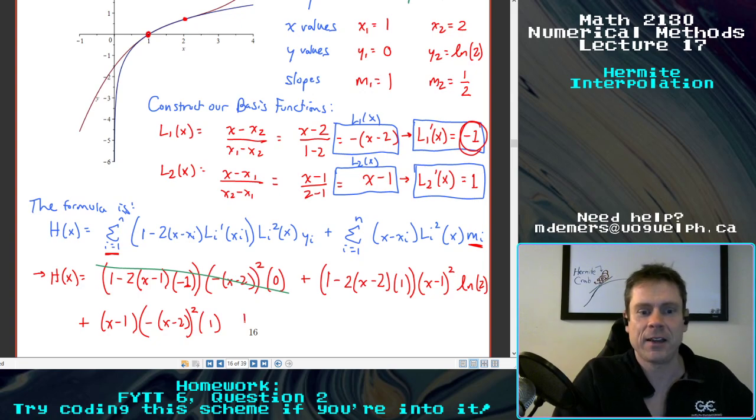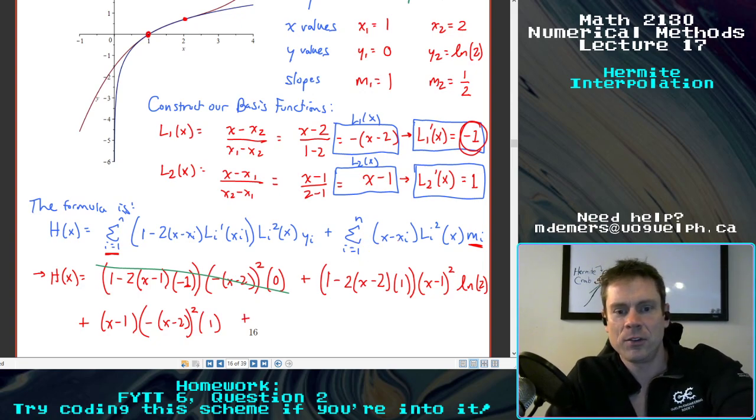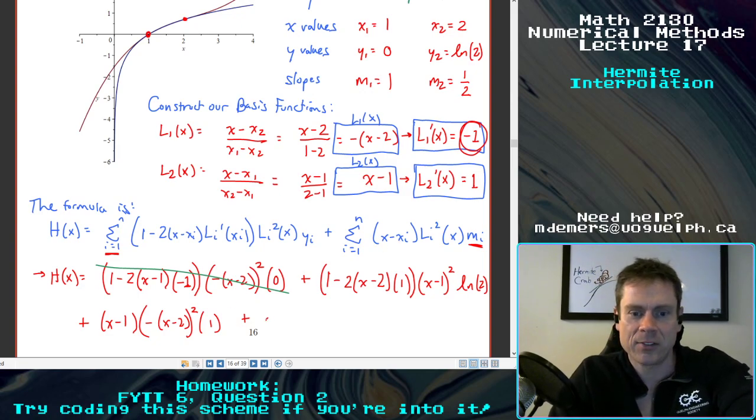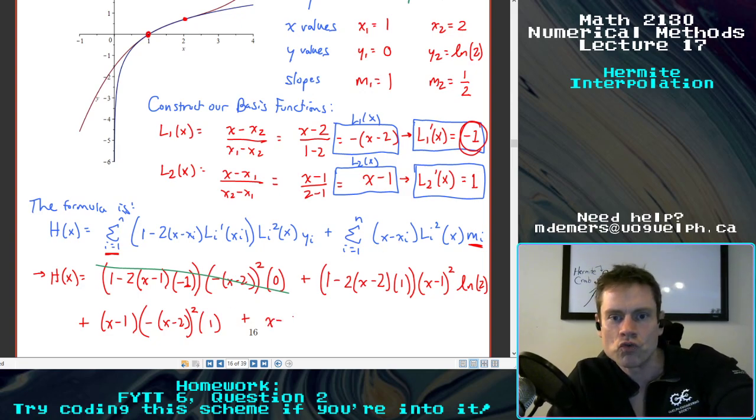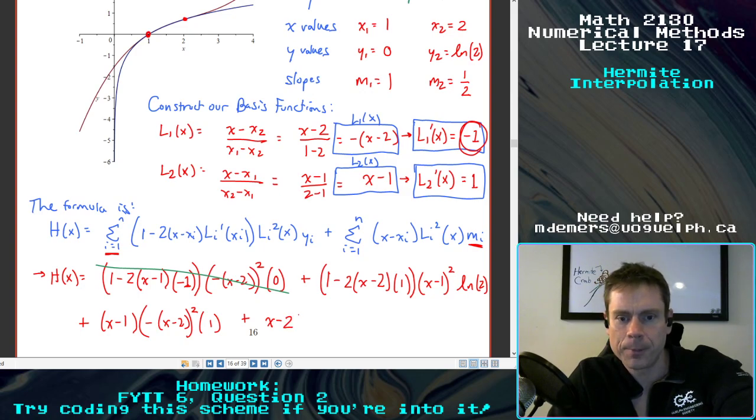And then finally, I need that last term when i is equal to 2. So that's going to be x minus x2, and x2 is 2. I need L2 squared of x, and L2 squared of x is just x minus 1 squared.